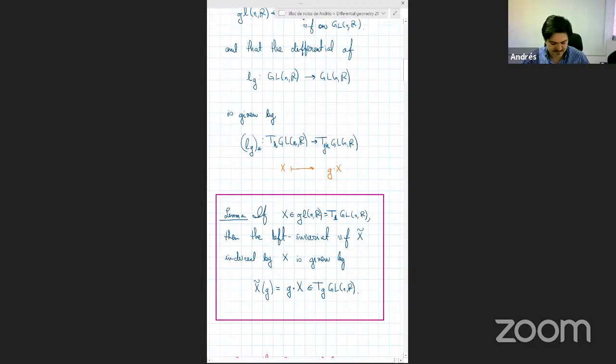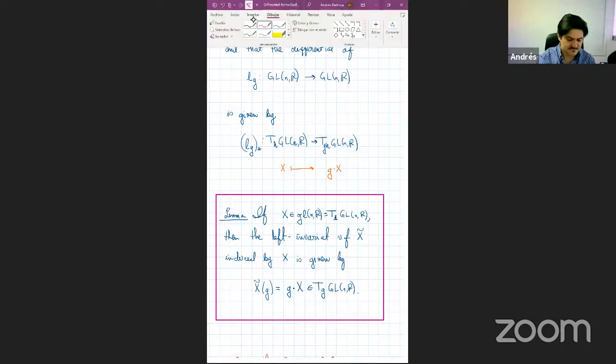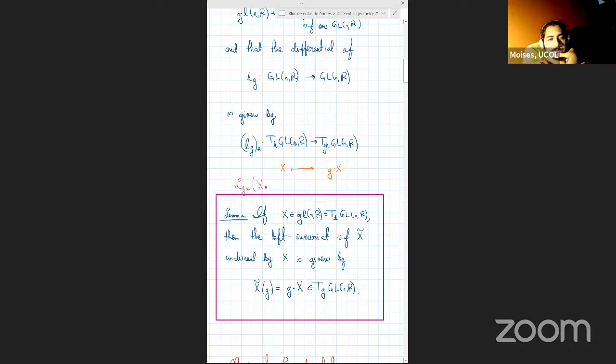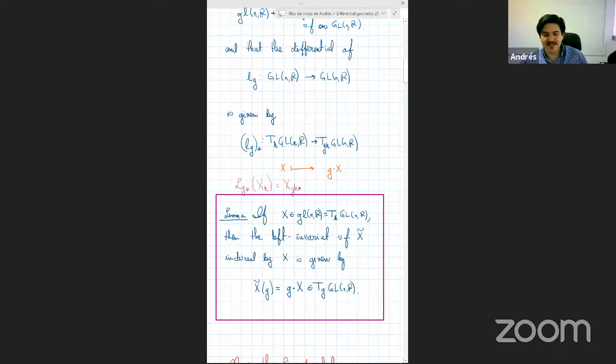Is this clear for all of you? Yes. That's the definition of left invariant for any g in the group. Remember that we would like to describe the Lie bracket on the Lie algebra.